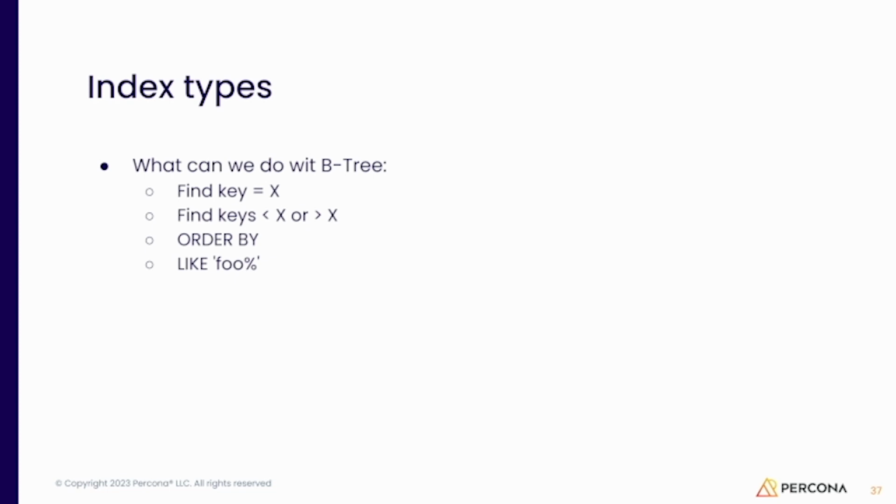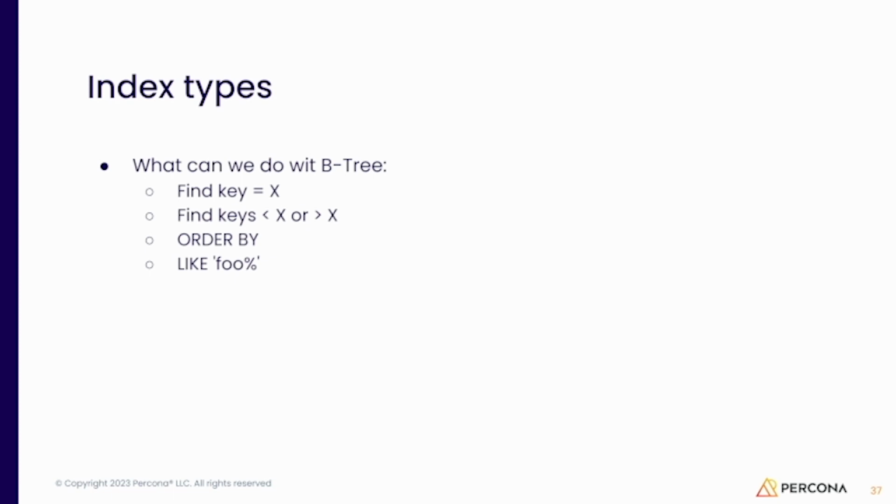By default, when you create a B-tree, it's created in ascending order, but we can change this on the index creation. We can change the order. And we can also use the LIKE operator. But remember, we need to have a string not matching on the beginning, or else it won't be able to use that index.